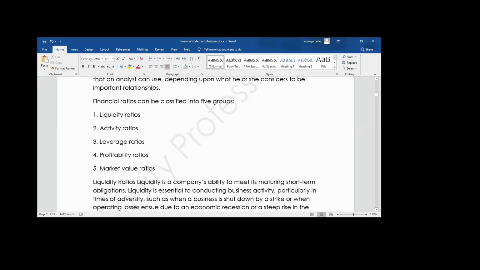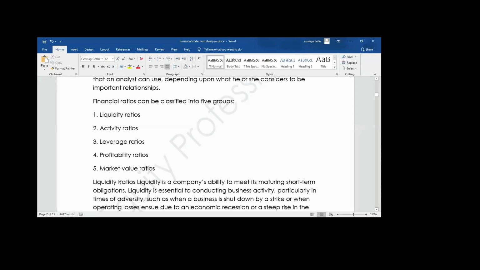You are likely to pay your trade creditors. If you buy material on credit, you are going to pay maybe 2 months later. That means you must maintain some level of liquidity. You are going to pay your interest on your loan.